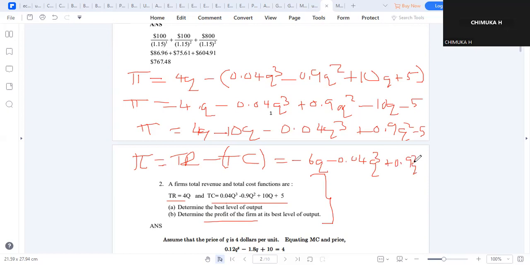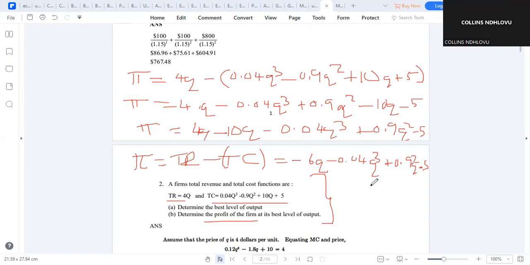Excuse me, sir. I thought it was going to be 14 because the 10 after opening the brackets has become a negative. Yes, so 4 minus 10, or the 10 becomes a negative. Oh, okay. Cleared. Then minus 5. So this becomes our equation.